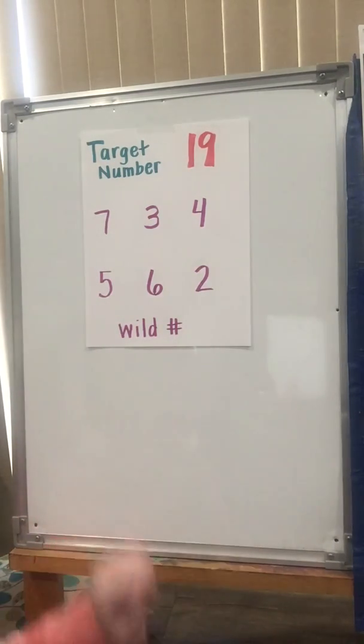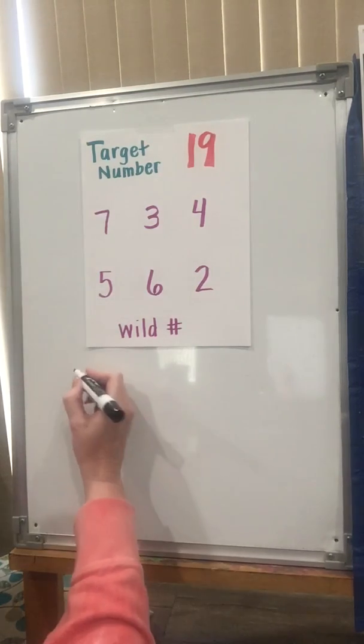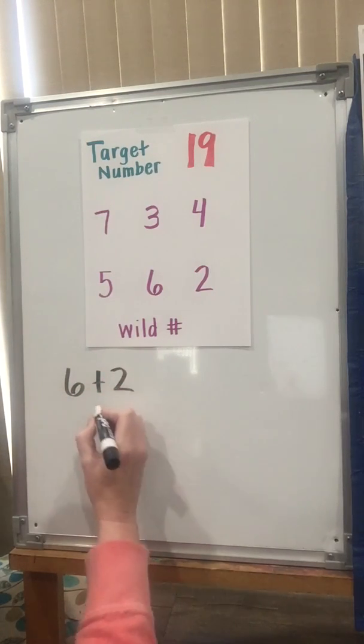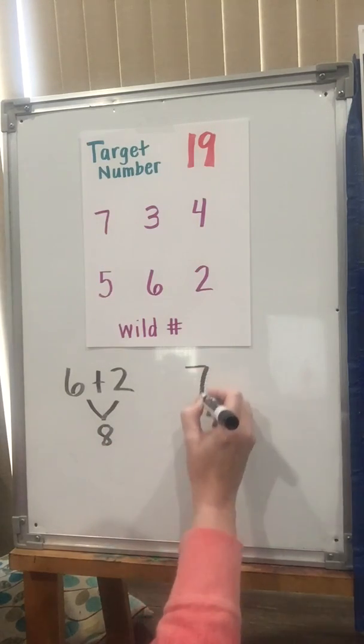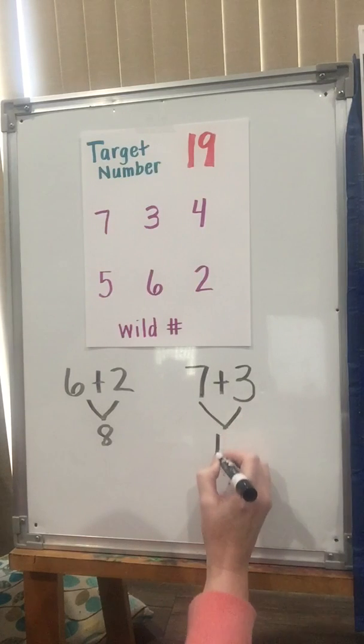So I'm going to give you an example of a way that I see to make 19. And one of the strategies that I'm going to use is to remember my friendly tens. So I think what I'm going to do is I'm going to use 6 and 2, and that makes 8. And then I'm going to use 7 and 3, and that's a friendly 10 right there.